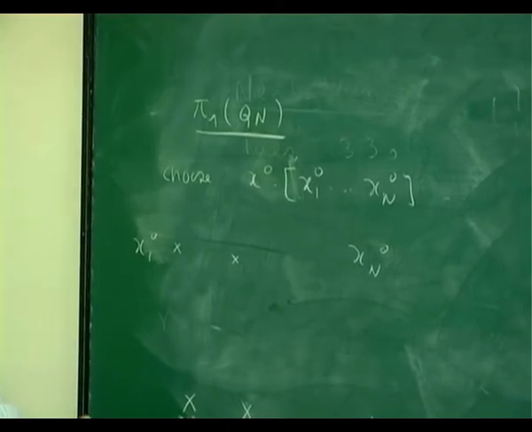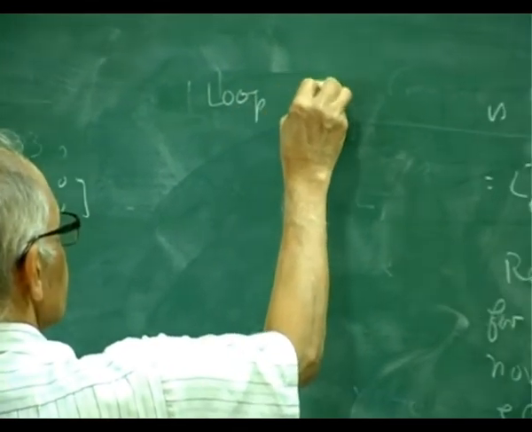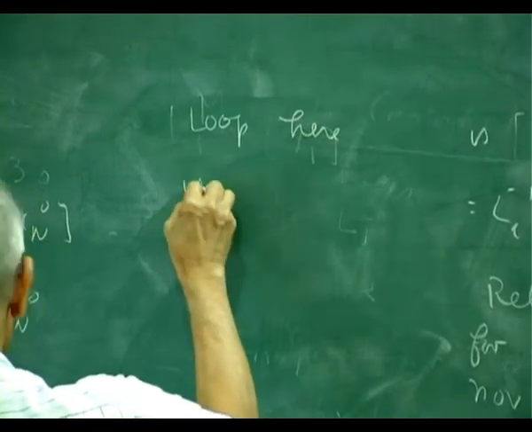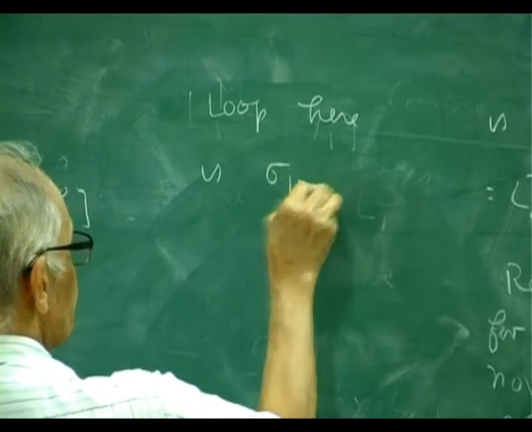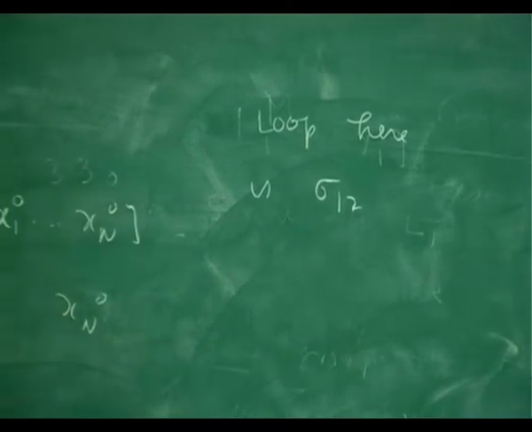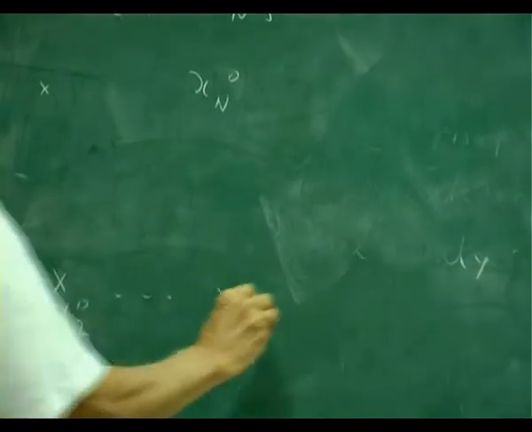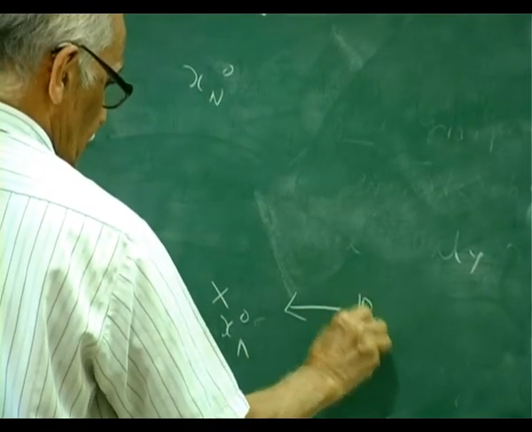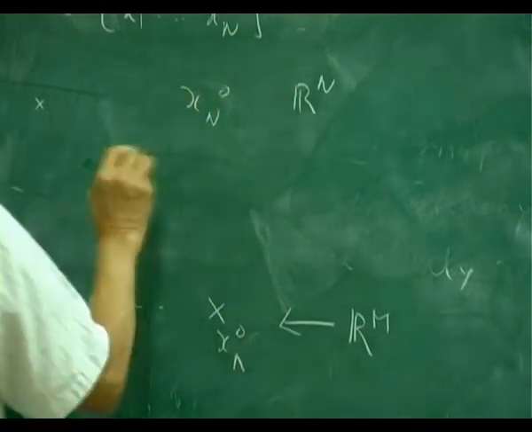Now, I will write a loop here, let me call it sigma 1 2. What is a loop? Think of it as a loop. So this is my Rm, these are living in Rm, and this is, if you like, time or the homotopy parameter, curve parameter.